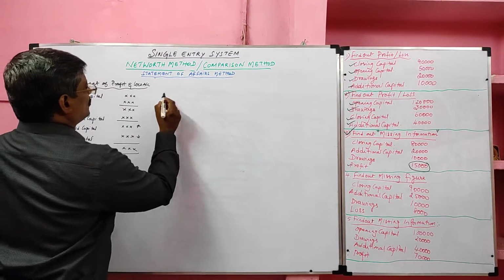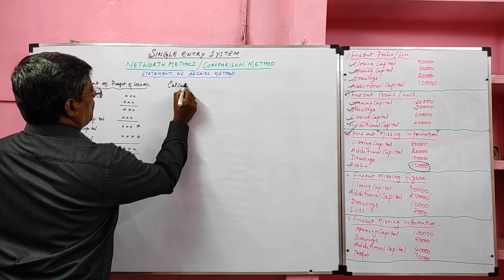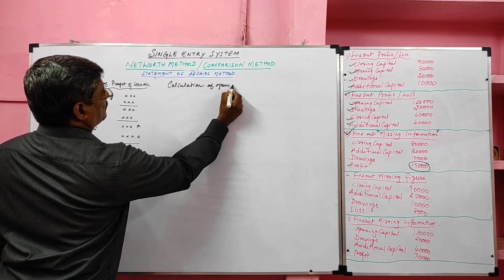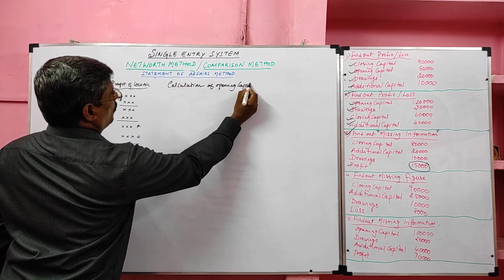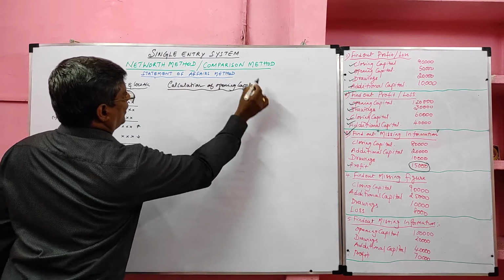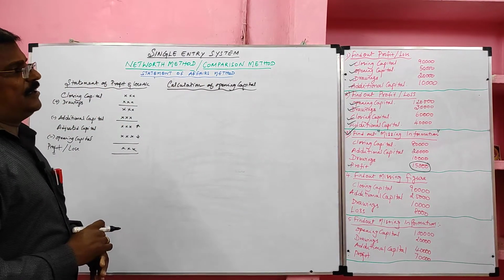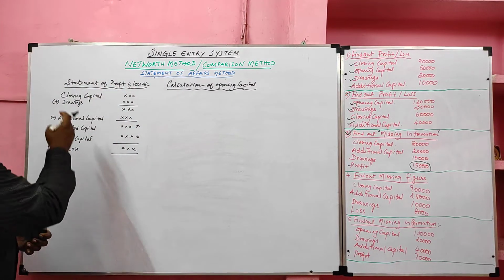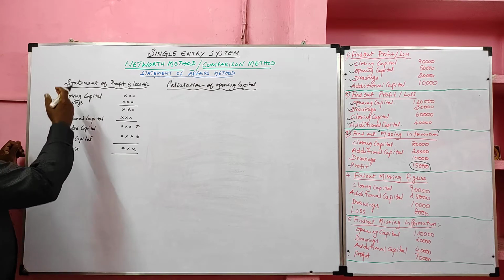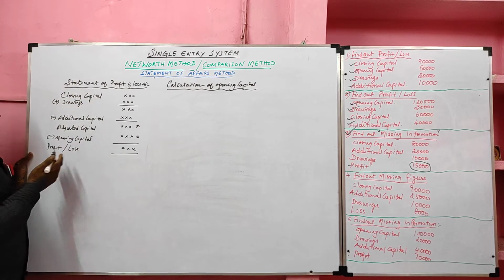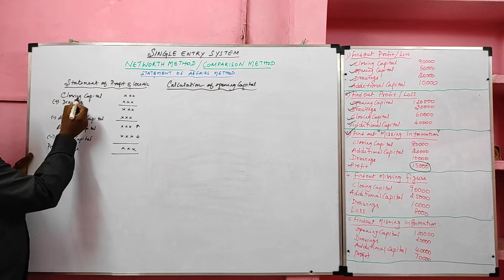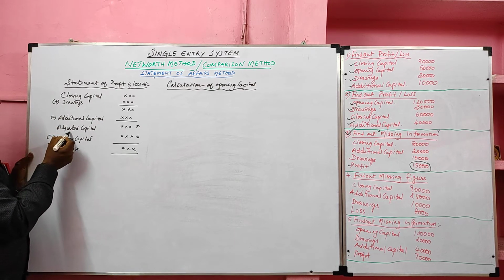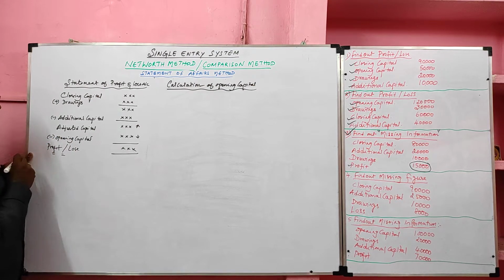So the heading goes like this: calculation of opening capital. Before finding opening capital, we should look at the format of the statement of profit and loss account. Students, I already discussed the statement of profit and loss account. The format is closing capital plus drawing minus additional capital minus opening capital will get profit or loss.